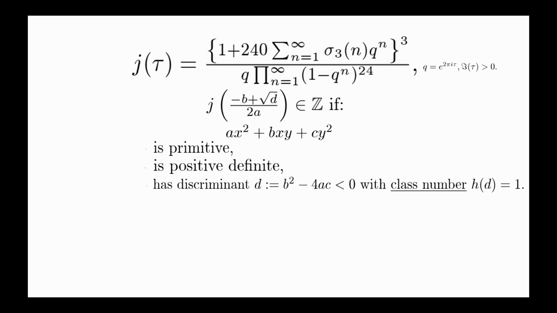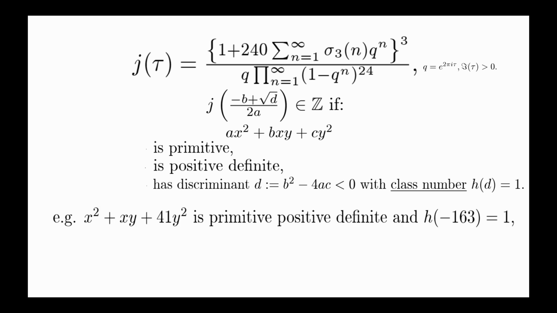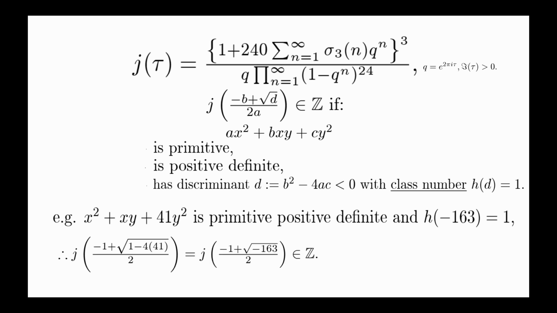And of course, that's quite surprising. For example, x squared plus xy plus 41y squared is a primitive positive definite binary quadratic form, and it has discriminant minus 163, which has class number 1, and this means that j of minus 1 plus root of minus 163 over 2 is an integer, as we have indeed mentioned before.